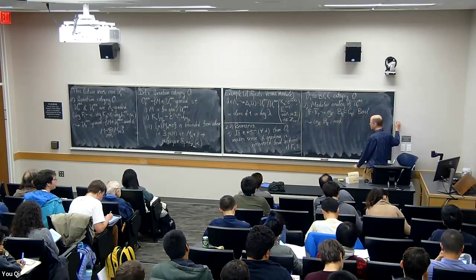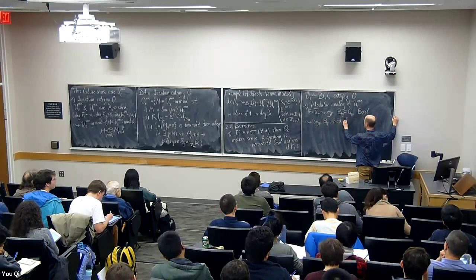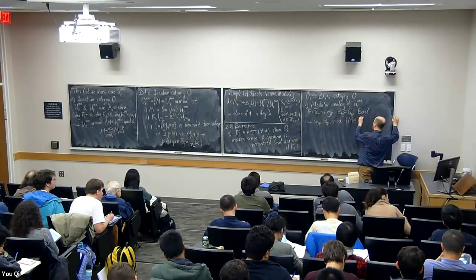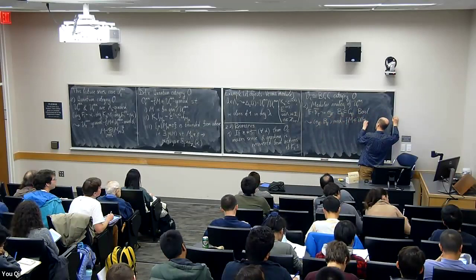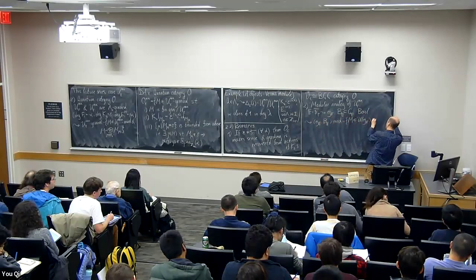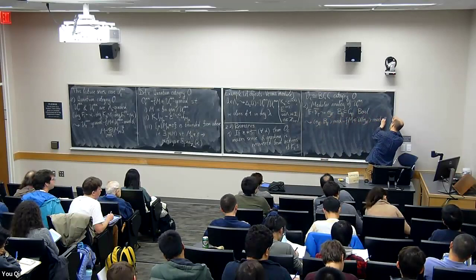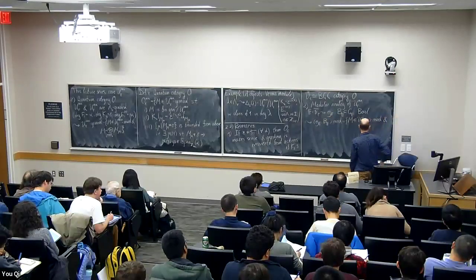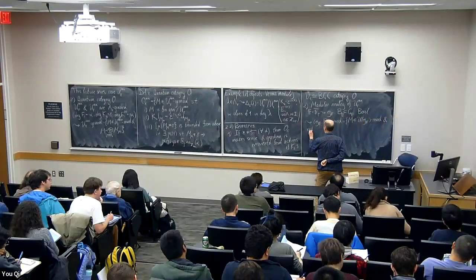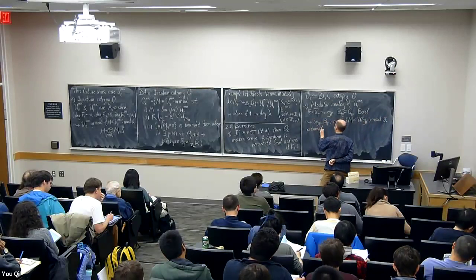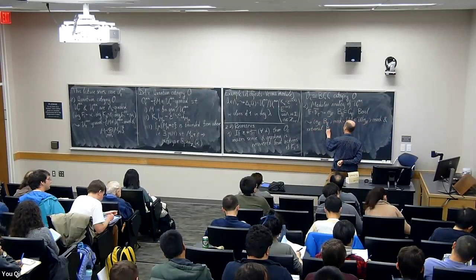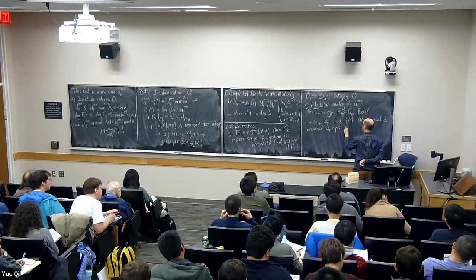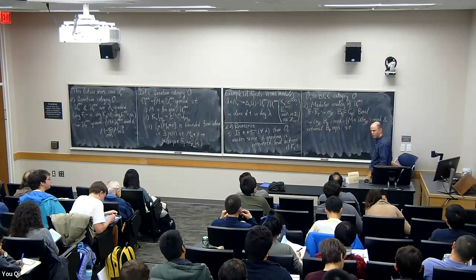Let me tell you who those guys are. These are modules M, which are representations of the universal enveloping algebra, and also rational representations of the group, such that we have the following compatibility conditions.